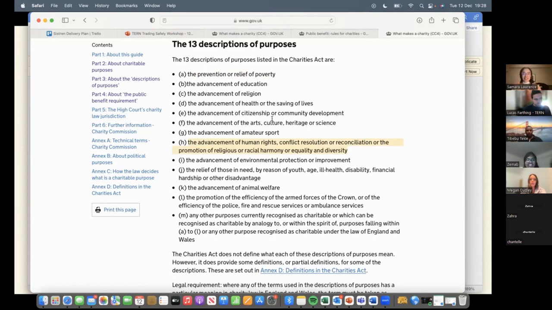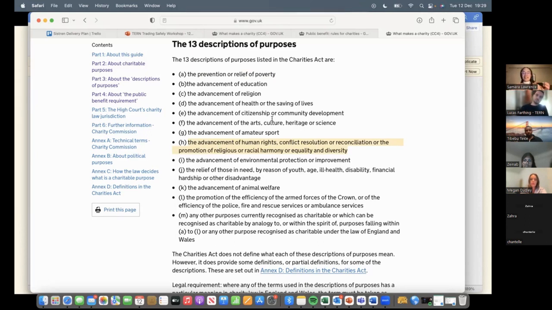Great. Okay, so that's your first thing to do. Once you've identified your charitable purpose, you need to describe that work. So you might say the advancement of education in South London for the benefit of migrant families, being specific about exactly whose education you're advancing.